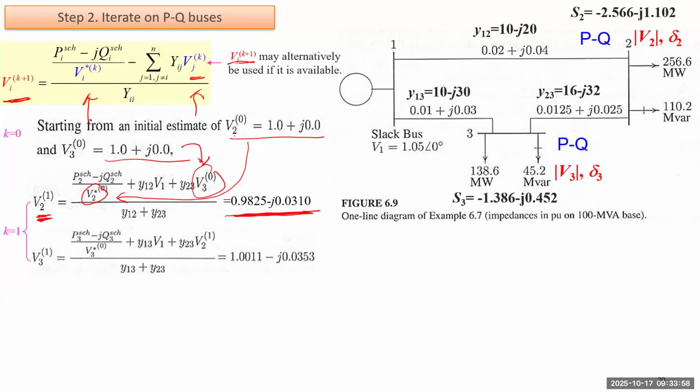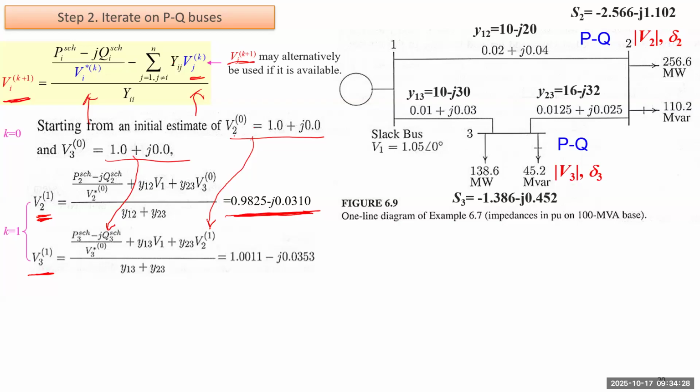Then we move to bus 3. Based on the default setup, we should utilize this initial estimate for bus 3. And here we also use the initial estimate for bus 2. That's what is planned for the original default Gauss-Seidel method.